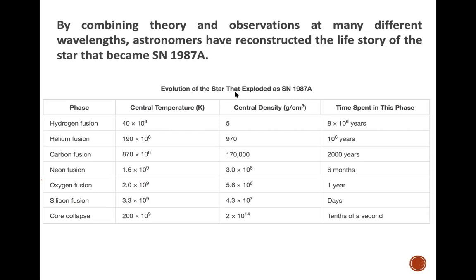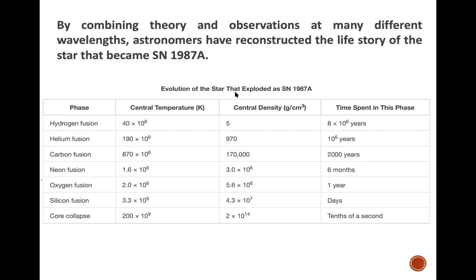This is the prediction for this 1987 supernova, what has happened to it from the beginning, with different parameters. You can see that it starts from hydrogen fusion, and then goes to helium fusion, carbon fusion, and this is, by the way, a high mass star.